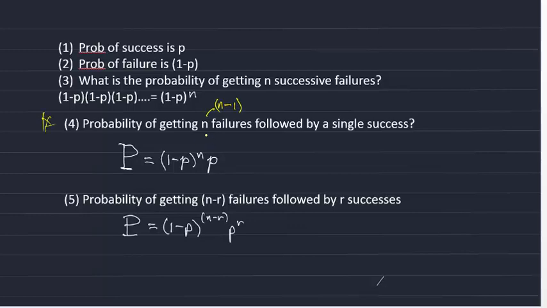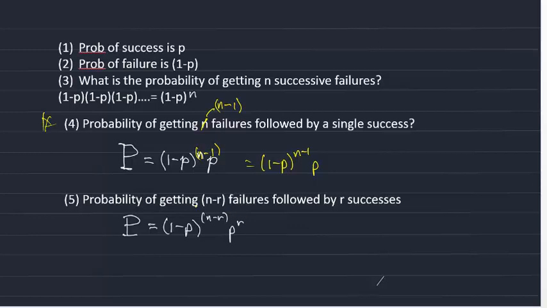The probability of getting n minus 1 failures followed by a single success should be 1 minus p to n minus 1, because we're interested in n trials, and if the first n minus 1 are failures and we get 1 success, then this is the probability of that situation. Okay, went back and fixed that.